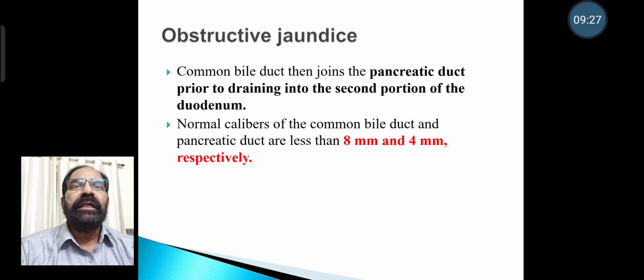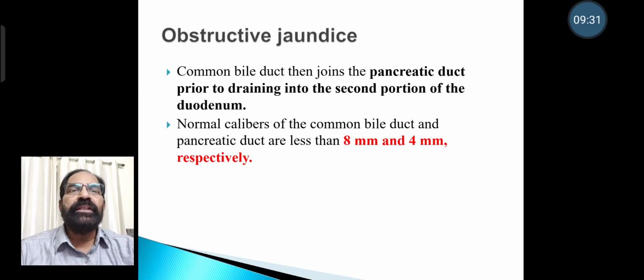The common bile duct then joins the pancreatic duct prior to draining into the second portion of the duodenum. Normal caliber of the common bile duct and the pancreatic duct are less than 8 millimeters and 4 millimeters respectively.